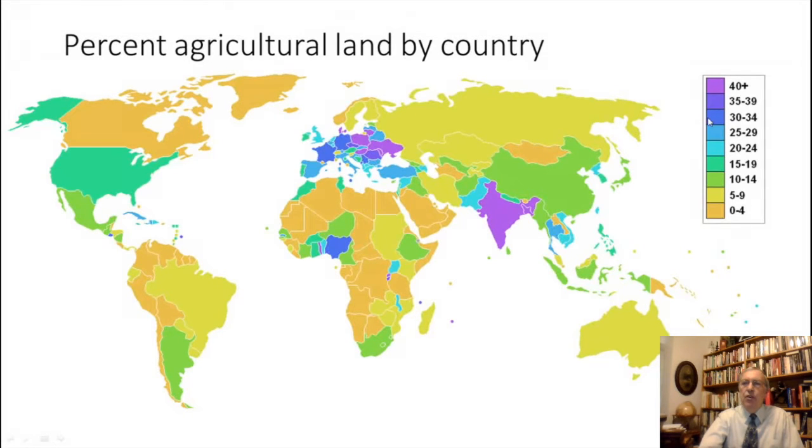The other blues are 30 or so percent. And even in the United States, it's only 15 or 20% of the land that is suitable for agriculture.